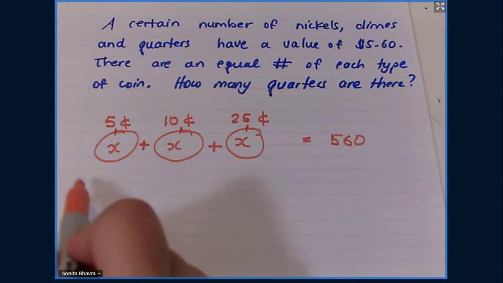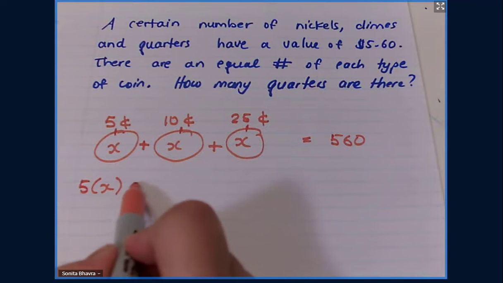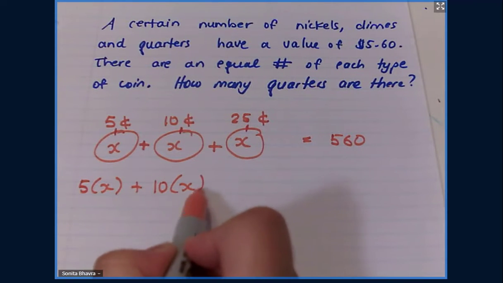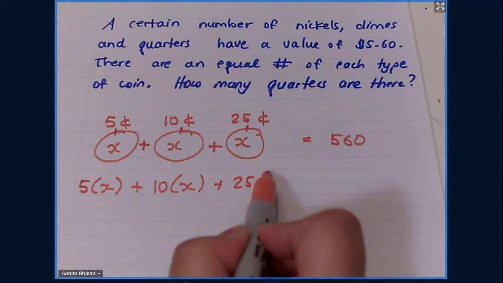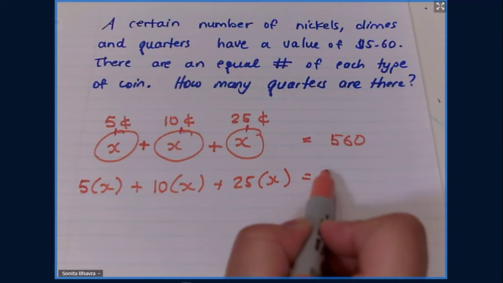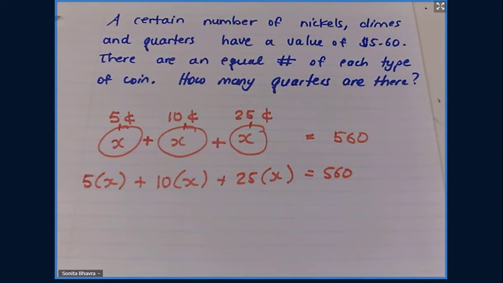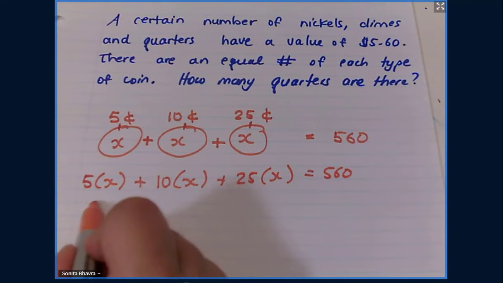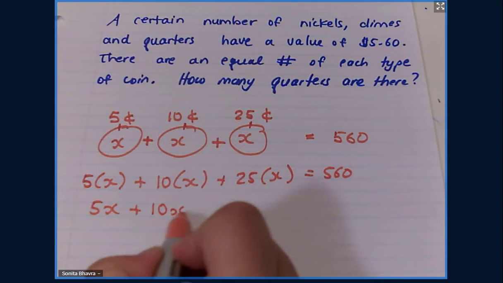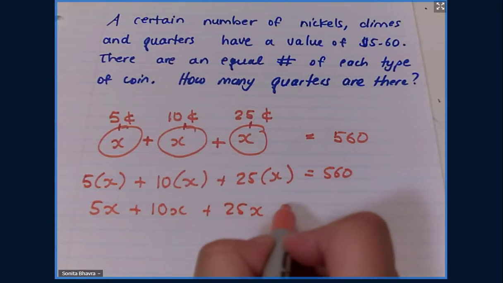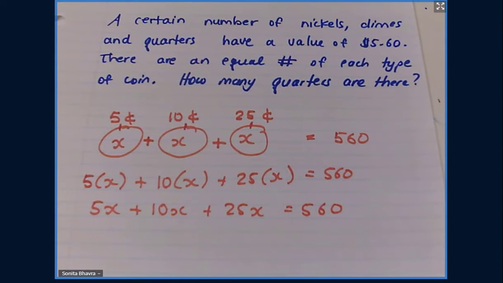All right, so we get 5 times X plus 10 times X plus 25 times X is equal to 560. Multiplying that, it becomes 5x plus 10x plus 25x equals 560.